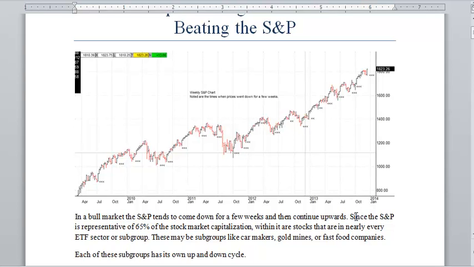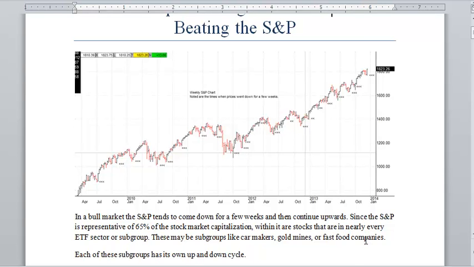Basically, the S&P represents 65% of the market capitalization. What that means in simple English is that if you take a look at what all the stocks in the US are worth, and you take about 65% of that value, that's the value of the stocks in the S&P.